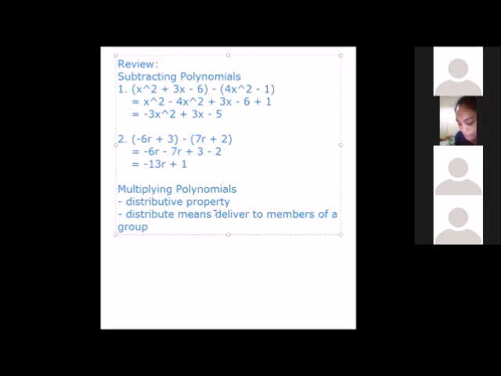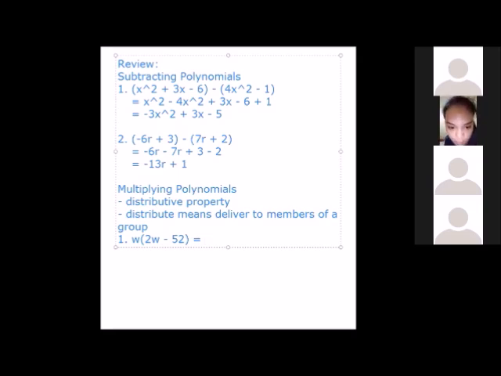Okay, let's have an example here. W multiplied by 2W minus 5. What we will do here is distribute W. So this definition of distribute will help us remember how to use the distributive property to multiply a polynomial by a monomial.